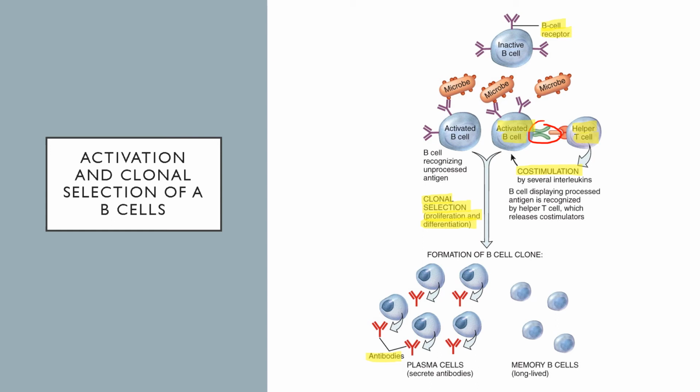So once these B cells are activated by co-stimulation, they go through clonal selection, just like T cells, to produce plasma cells, which secrete antibodies, and memory B cells.